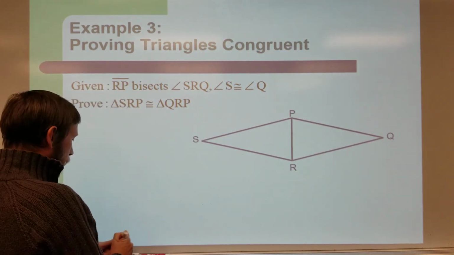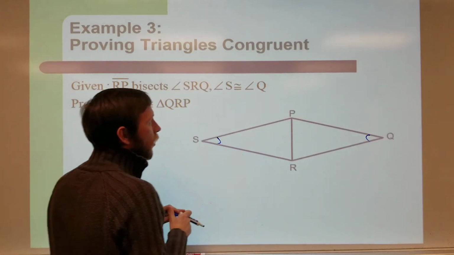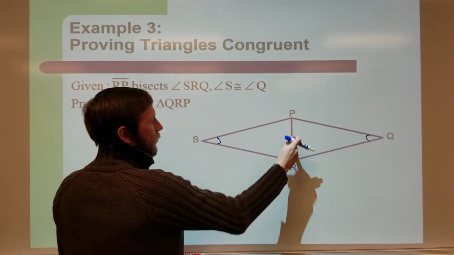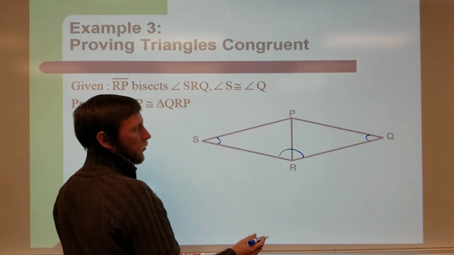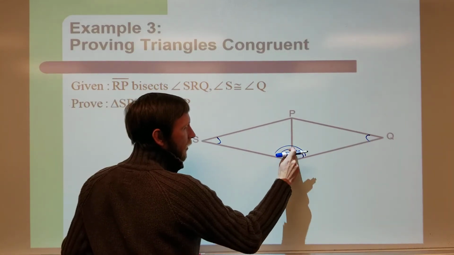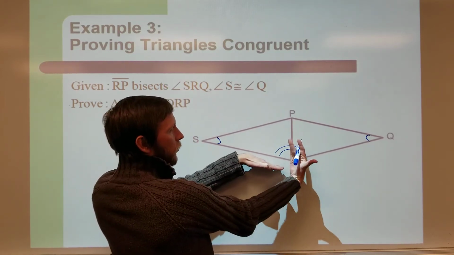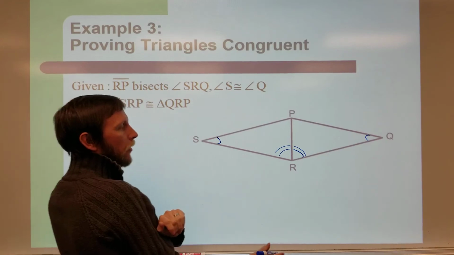So we know that this angle at S is congruent to this angle at Q. We know that this segment bisects this big angle. We had this big angle SRQ, and it was bisected, which means that this angle is congruent to that angle. All right, angle SRP and angle QRP are now congruent.